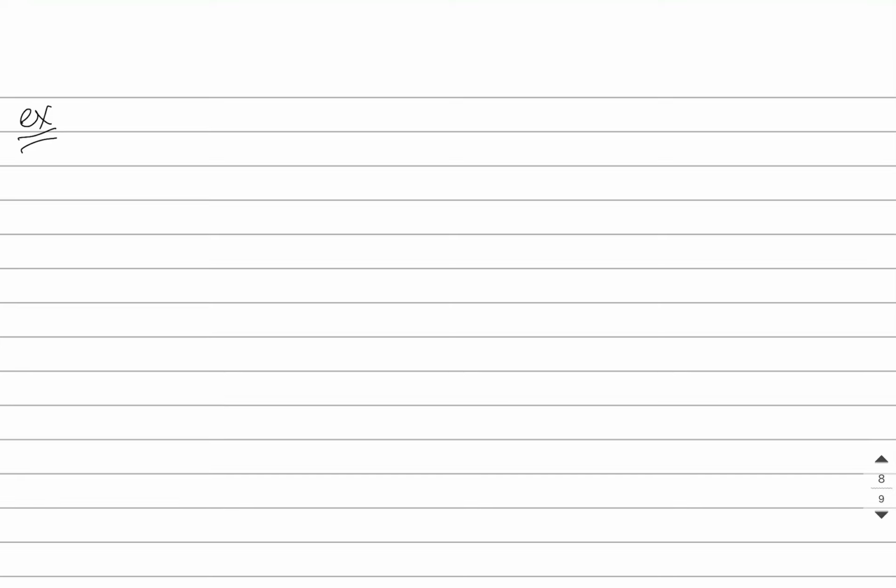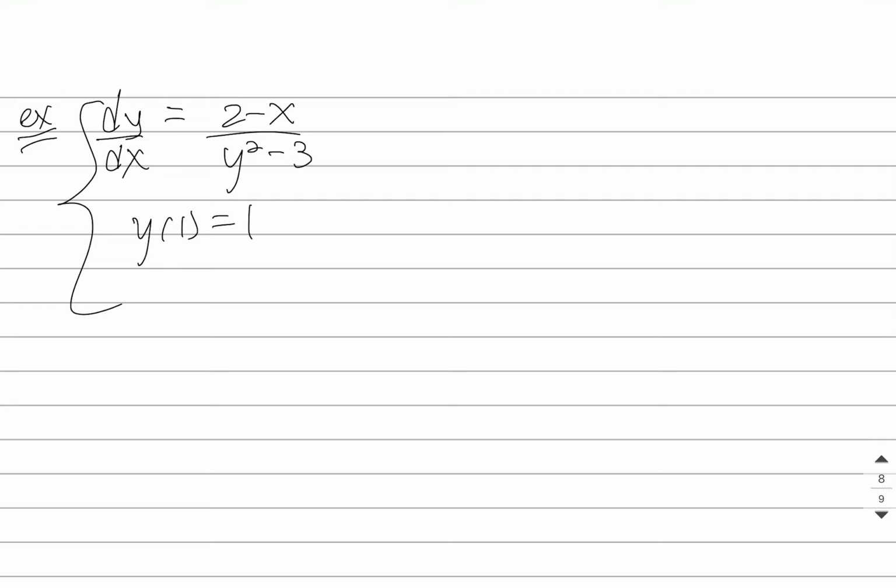So here's a specific example that we're going to take a look at to try to illustrate this method. We've got a first-order equation, dy/dx is given by this. It's an initial value problem. And note, straight away, in this case, we are lucky.